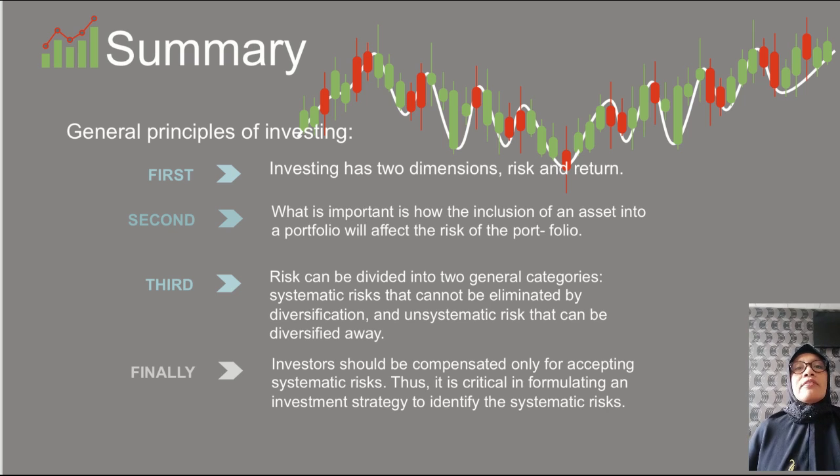Third, risk can be divided into two general categories: systematic risk that cannot be eliminated by diversification, and unsystematic risk that can be diversified away. Finally, investors should be compensated only for accepting systematic risk. Thus, it is critical in formulating an investment strategy to identify the systematic risk.